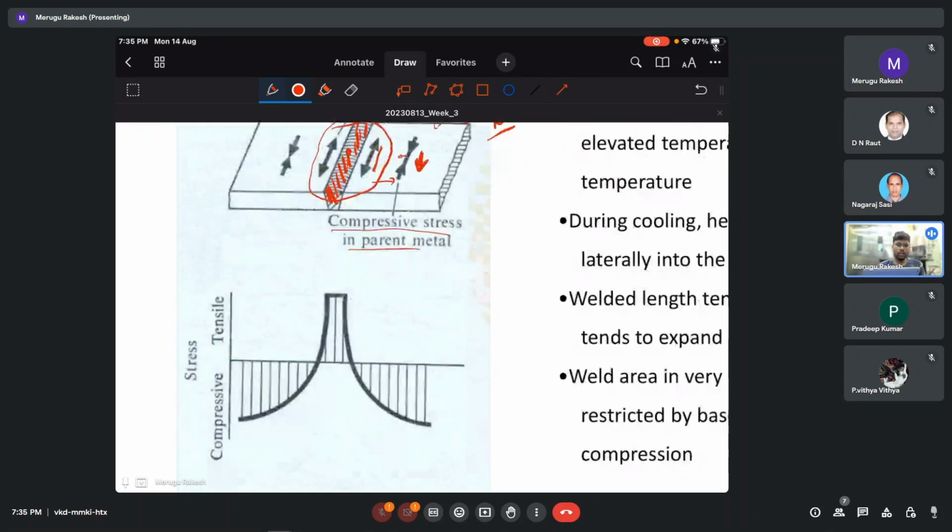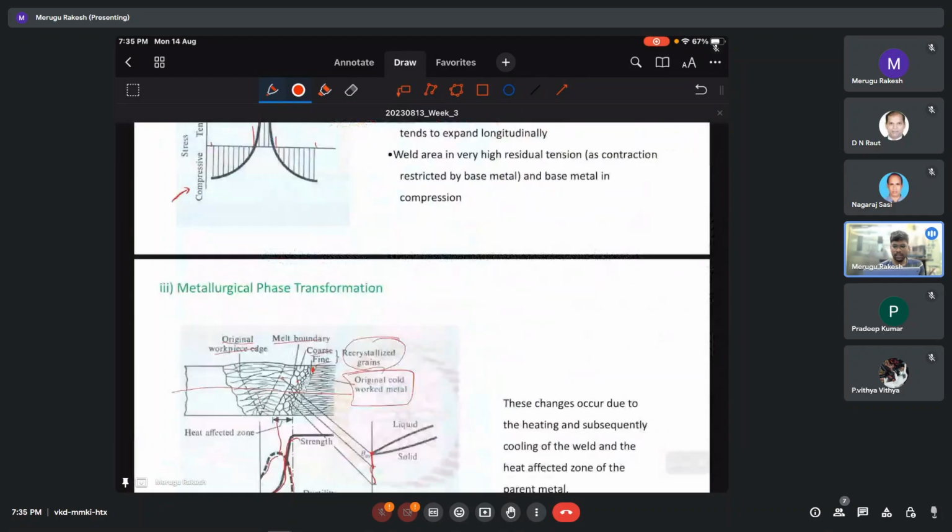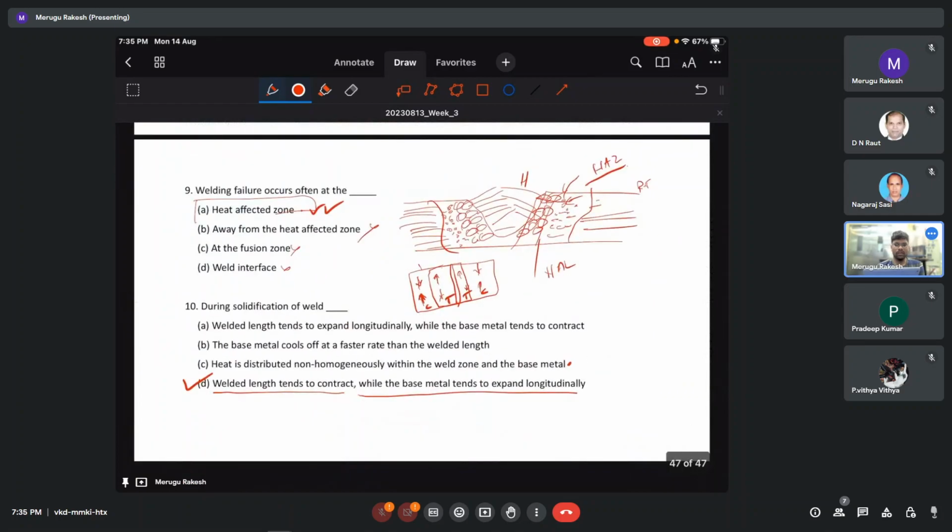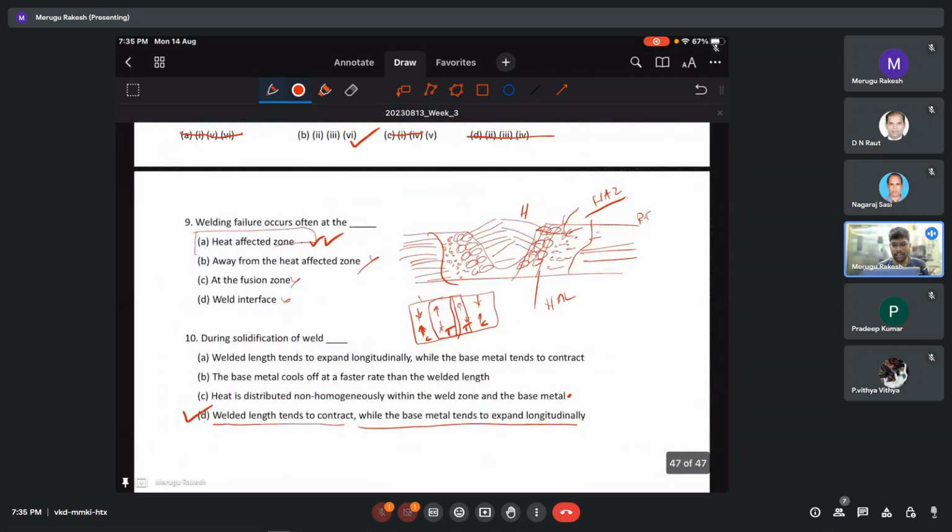That is what you see in the figure below as well. So initially we have tensile stresses followed by compressive stresses. That is what is being addressed here also: weld length tends to contract while the base metal tends to expand.